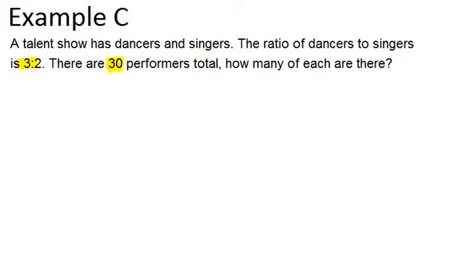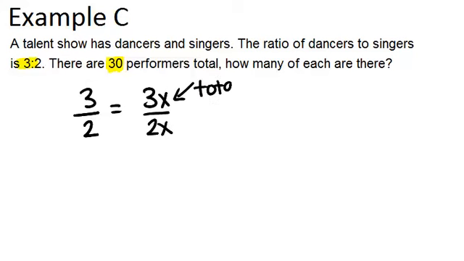So what we can do is rewrite our 3 to 2 ratio as 3x over 2x, where 3x represents the total number of dancers, and we don't know what x is yet, and then 2x is the total number of singers.